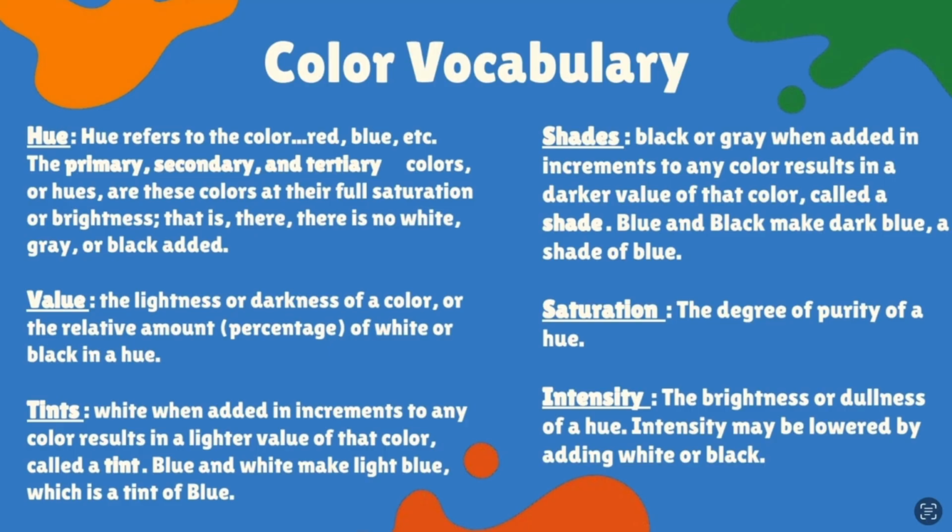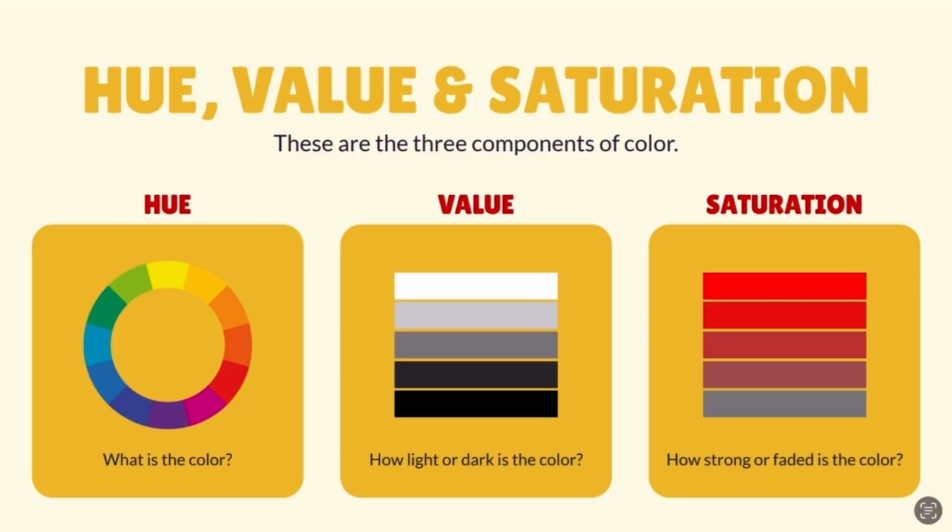Blue and black make dark blue, a shade of blue. Saturation is the degree of purity of a hue. Intensity is the brightness or dullness of a hue. Intensity may be lowered by adding white or black. So these are hue, value, and saturation.